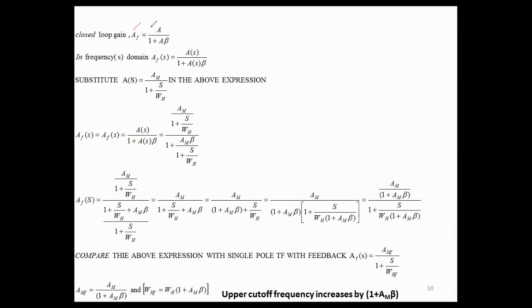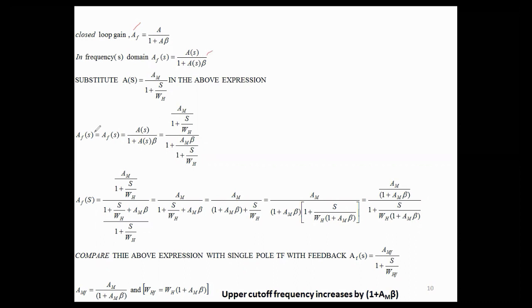Represent this expression in the S domain or frequency domain: AF of S equals A of S divided by 1 plus A of S into beta. Substitute A of S, which is AM divided by 1 plus S over omega H, in this expression.